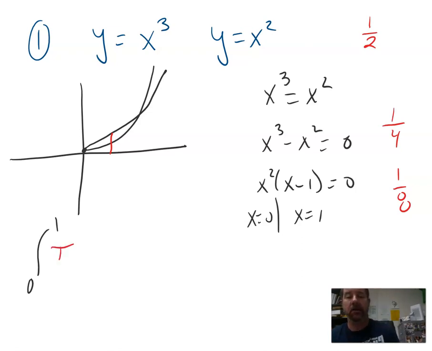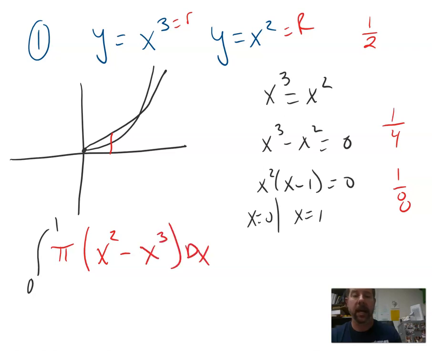Alright? So pi, big R is going to be the x squared one, minus little r is the inside one, it's going to be x cubed, dx. Okay, pi times big R squared minus little r squared. And oops, I put my r's in, but I forgot to square them.